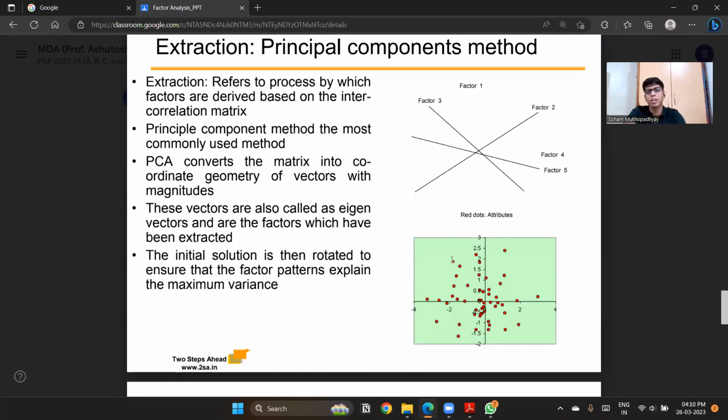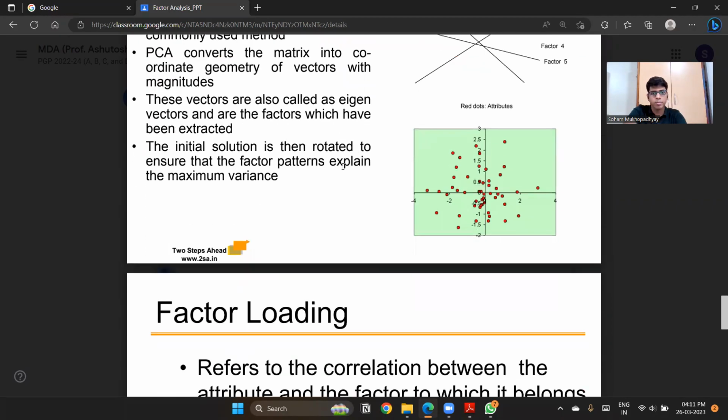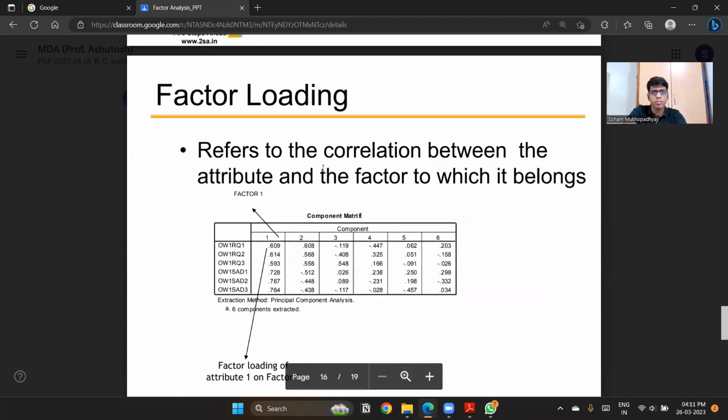This variable has a higher factor loading onto factor 3, let's say. And when you rotate the factors, when you rotate the vectors, you'll figure out whether factor 3 is actually where this particular variable will go or not. If it's still confusing, we can go into the output of what is happening.